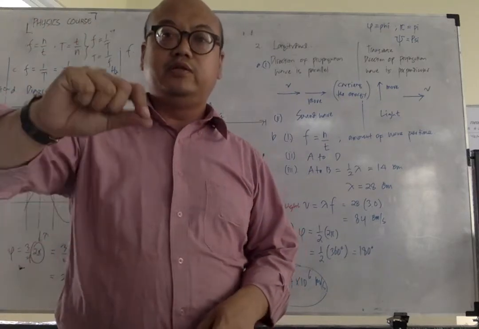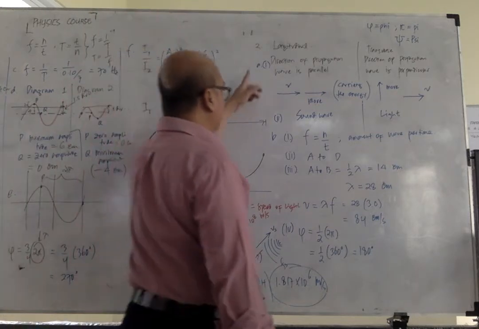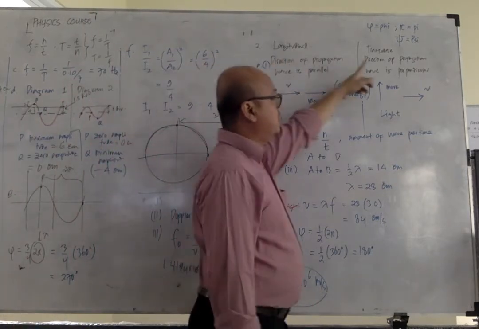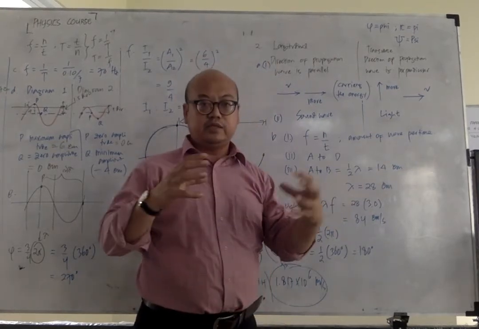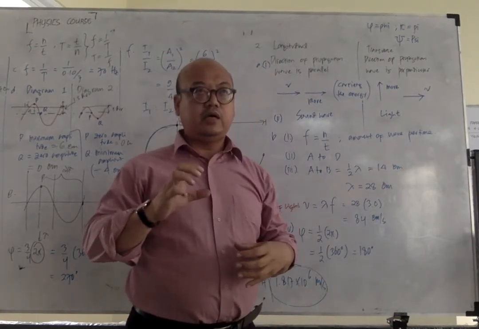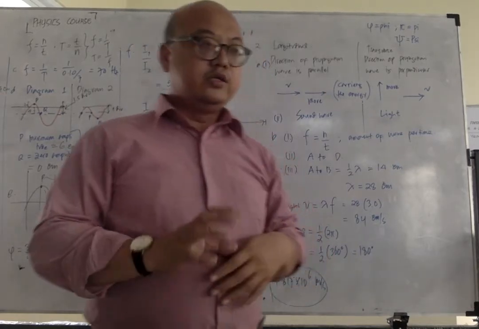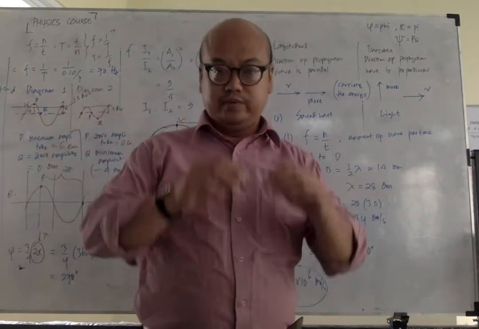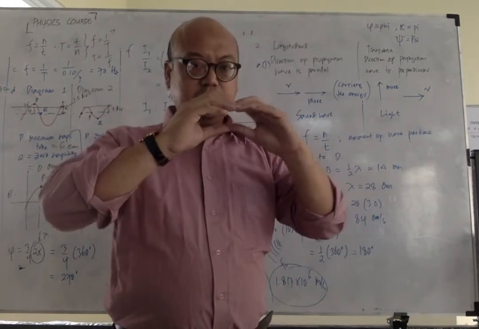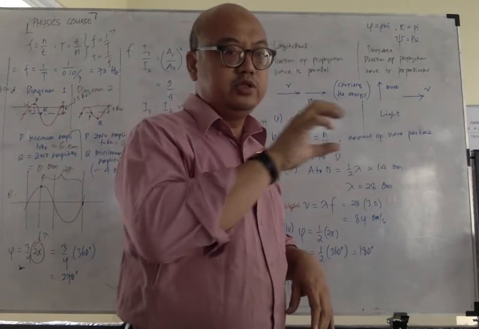What is the difference between longitudinal and transverse waves? In a longitudinal wave, the direction of propagation of the wave is parallel to the motion. If you know about sound or a slinky, the propagation of the wave is parallel with the motion.